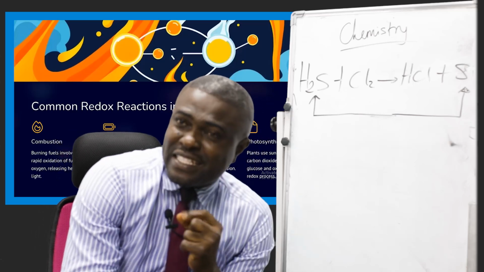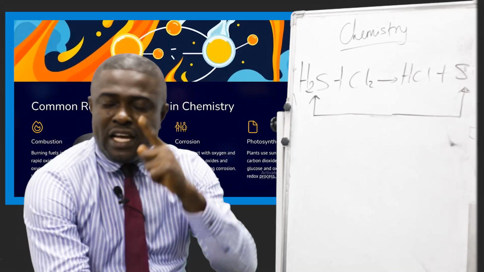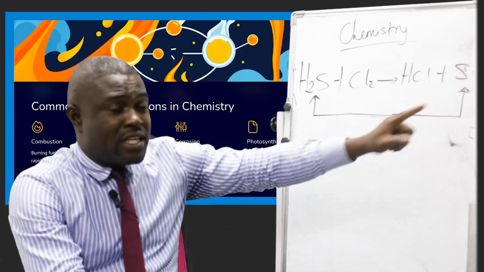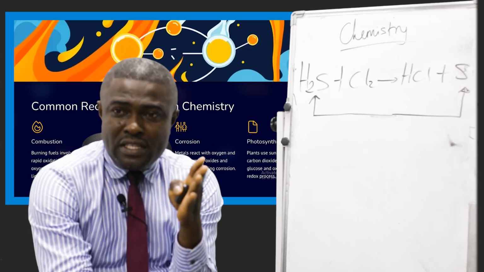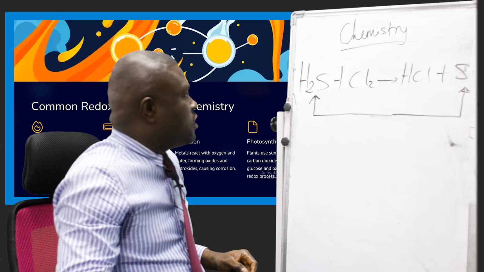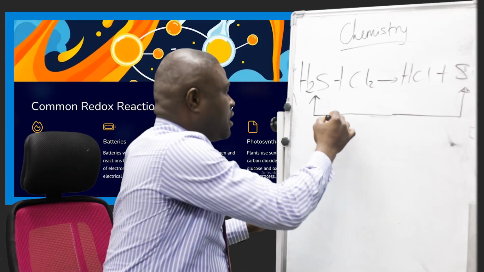Originally, hydrogen sulfide contains hydrogen and sulfur. At the end of the reaction, on the product side, you can only see sulfur. What happened? There is removal of hydrogen. That means oxidation has taken place.